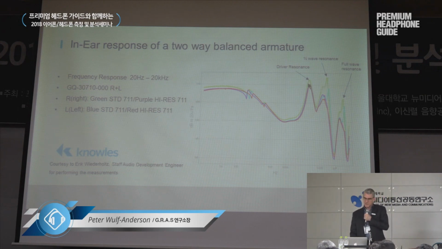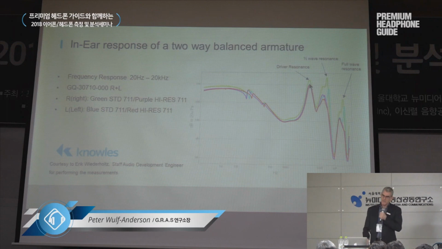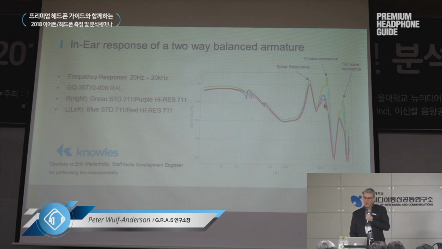The driver resonance here is not dampened. That is the real resonance of the driver, and that should not be influenced by the measurement. So we only improve around the resonance point of the coupler. So this customer was very happy, and he said it was okay to share the measurement.